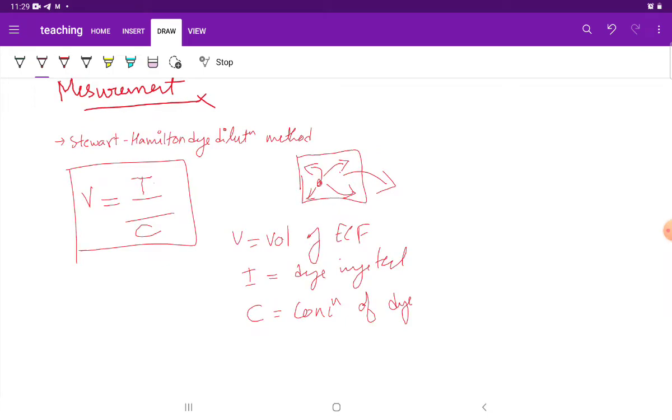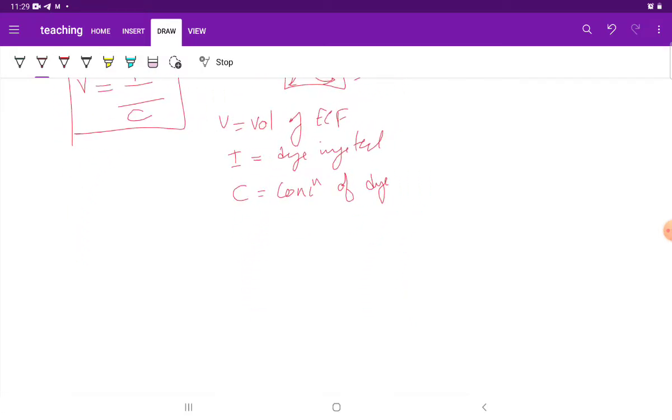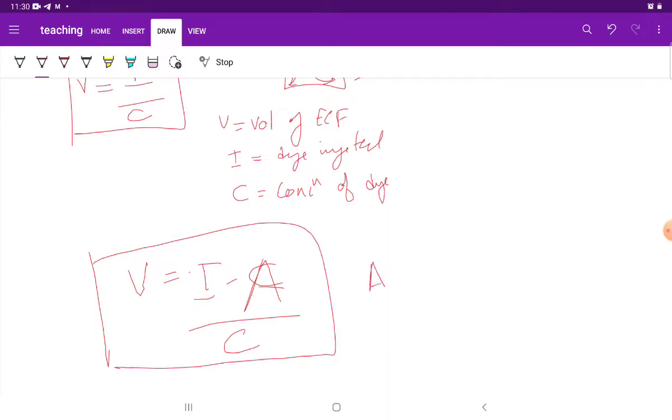Now in case the dye leaves the compartment, we can modify the formula into V equals I minus A by C, where A is the amount of dye that left the compartment.